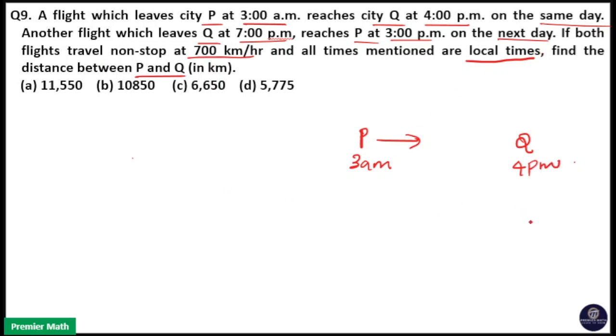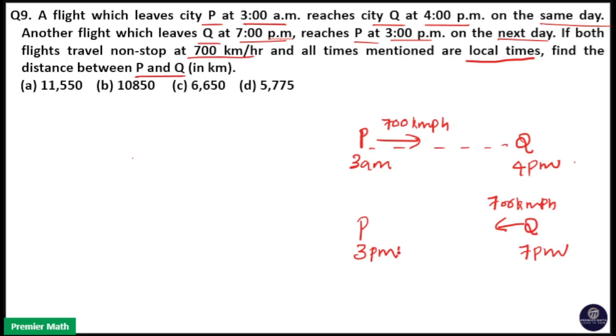Another flight which leaves city Q at 7 pm reaches city P at 3 pm on the next day, and the flight travels non-stop at 700 km per hour. So we have to find the distance between P and Q here.